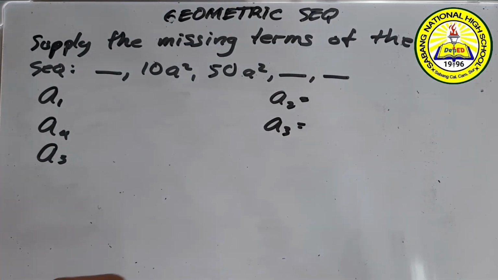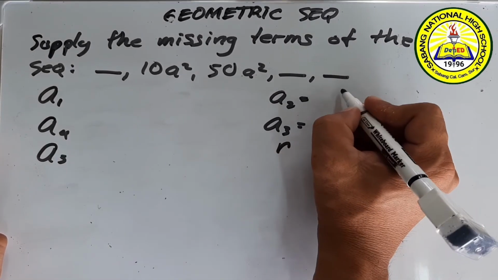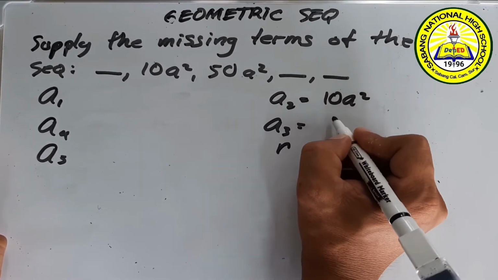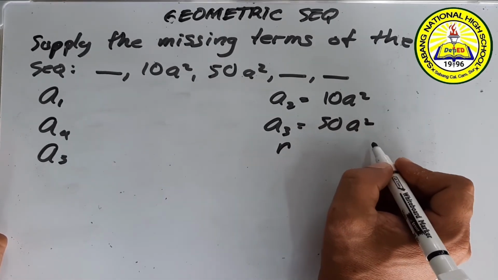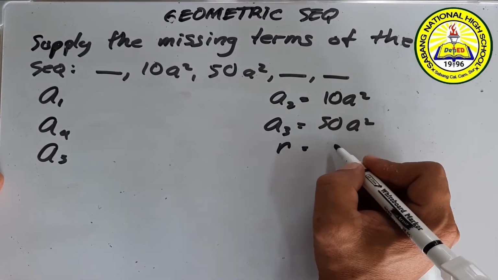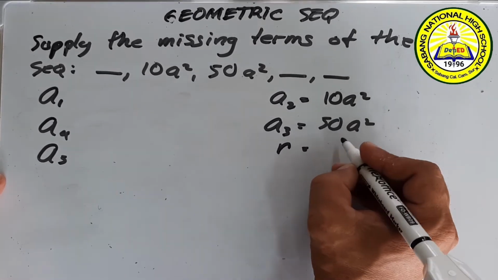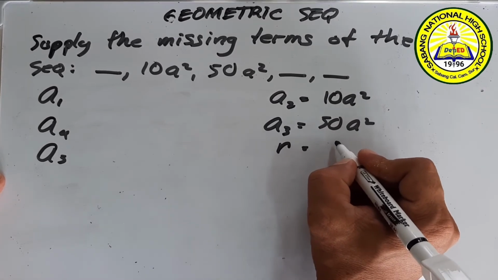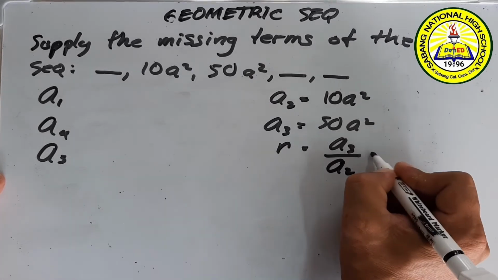If this is a geometric sequence, then we are going to need the common ratio. A sub 2 is 10a squared. A sub 3 is 50a squared. Let us find the common ratio by dividing the succeeding terms. So, to find the common ratio, we can take a sub 3 divided by a sub 2.